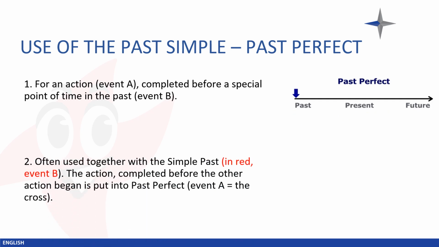Then it's often used together with a simple past in red. So that's event B. The action completed before the other action is put into the past perfect. That's event A, the cross. So the cross is the past perfect and the red line is actually event B. That's the simple past or past simple.